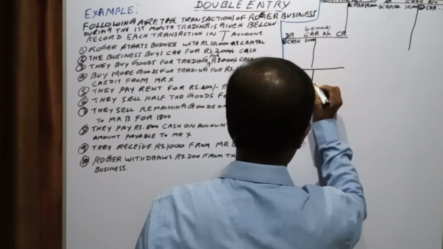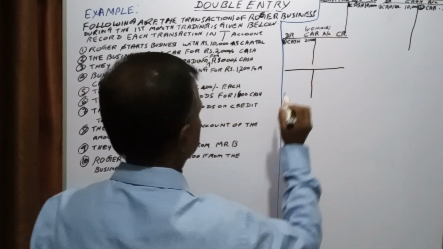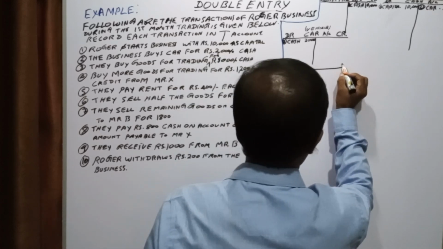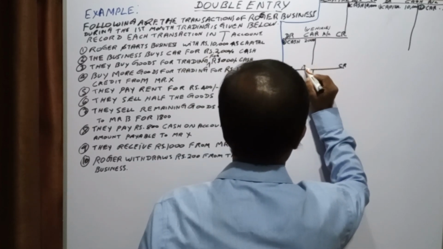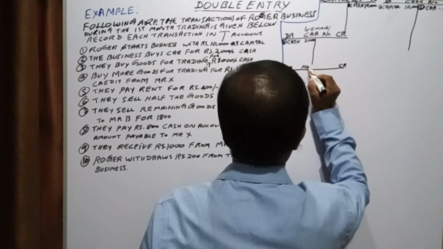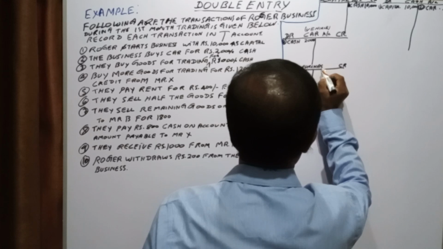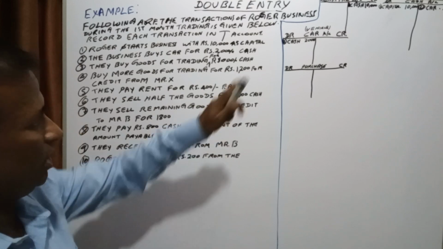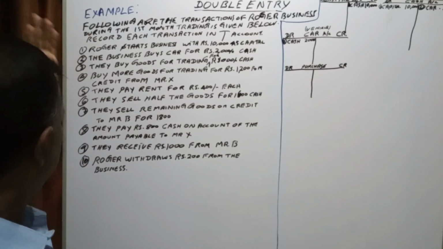Here we say Dr and Cr. Okay, this is purchases. We are opening a new T account for purchases. Why? Because of adjustment number 3.